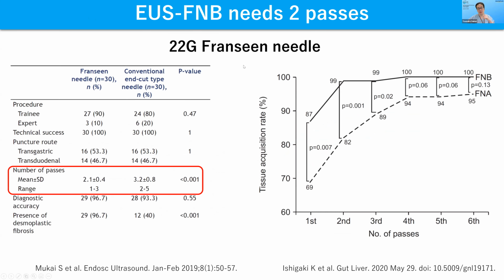But if you choose a 22 gauge Franseen FNB needle, I think for a pancreatic solid lesion, 2 passes was enough. This is the FNB and this is FNA. If you choose an FNA needle, you may need 4 passes. But if you choose an FNB needle, 2 passes was enough to get that specimen.